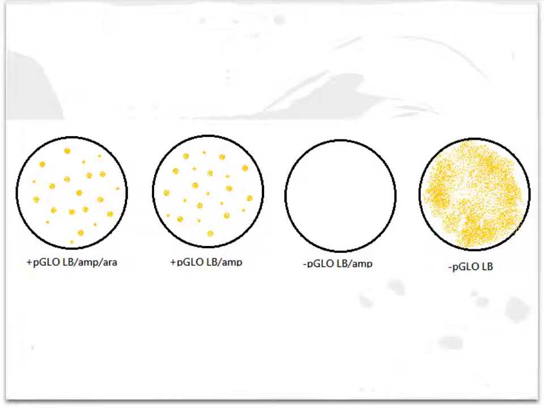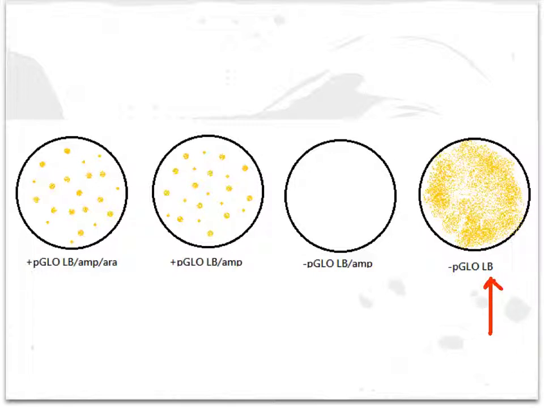This is a quick diagram that indicates the three kinds of agar plates that I've created and that we'll be using in our lab on Friday. Let's go from right to left. The first one is simply an agar plate that has LB nutrient broth.